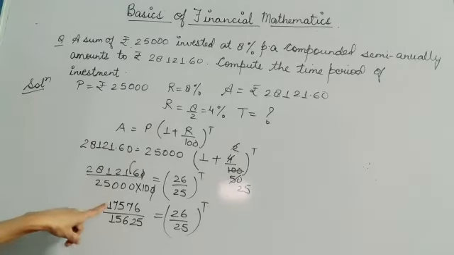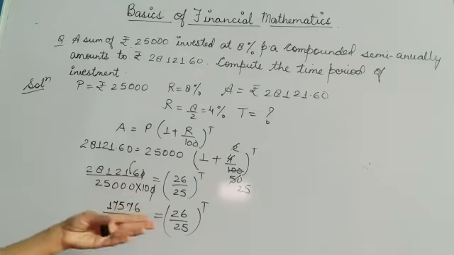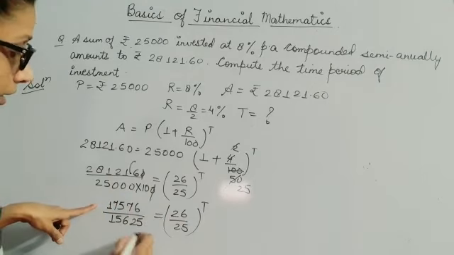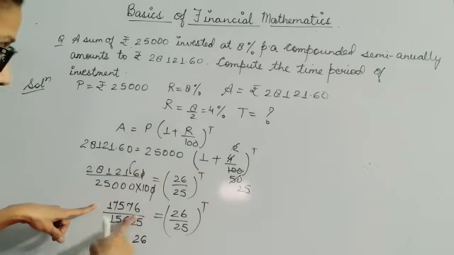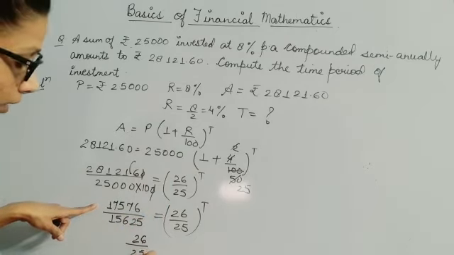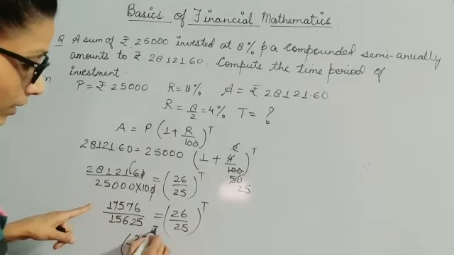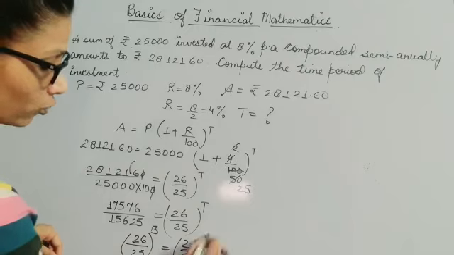Now you divide this by 26 to get what times of 26 this will be. So if you will multiply, you will find that 26 into 26 into 26 will give you this, and 25 into 25 into 25 will give you this. So this can be written as (26 by 25) raised to power 3 equal to 26 by 25 raised to power T.